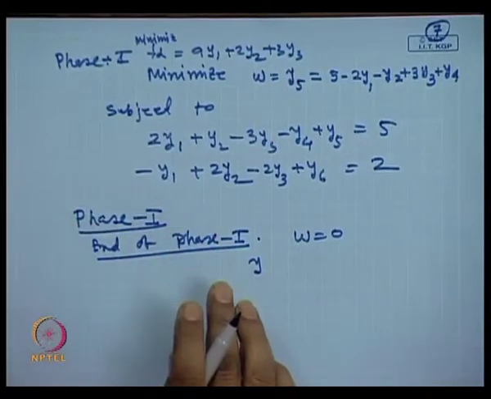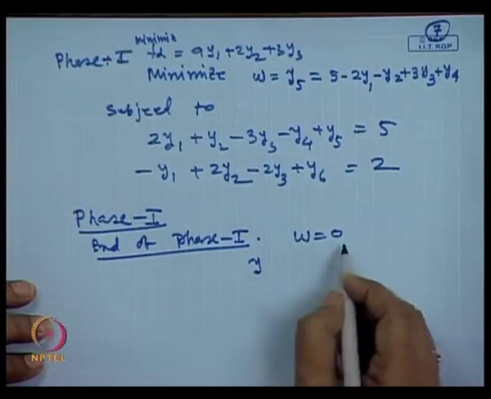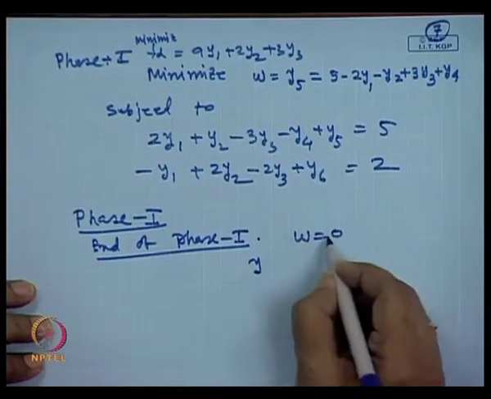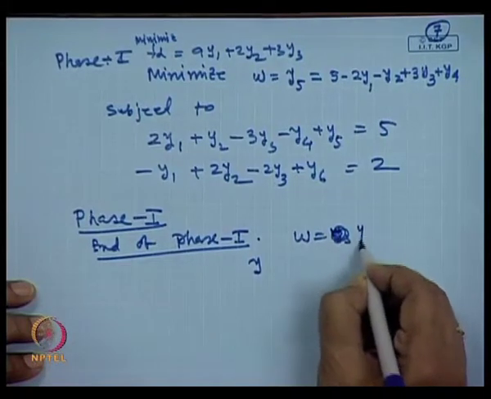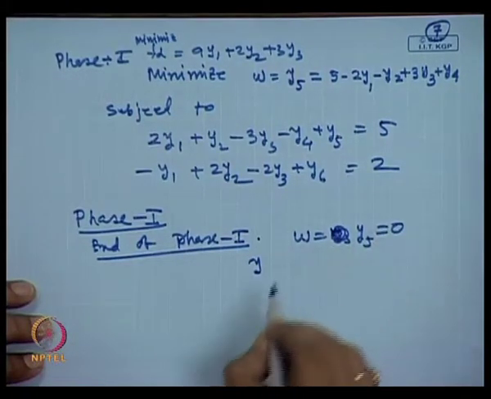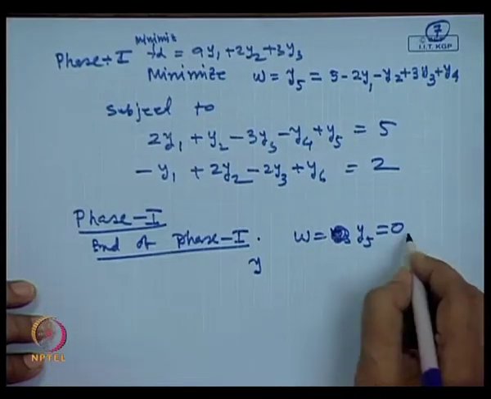In phase 1 you have 2 iterations, that I am telling you. So, after the end of phase 1 you will get W is 0, meaning y5 is 0.